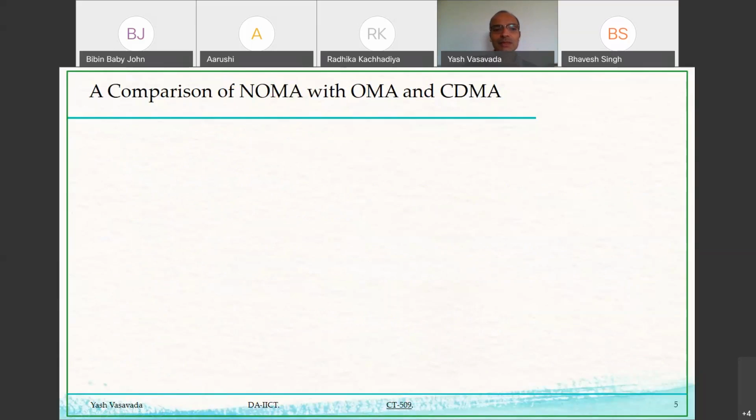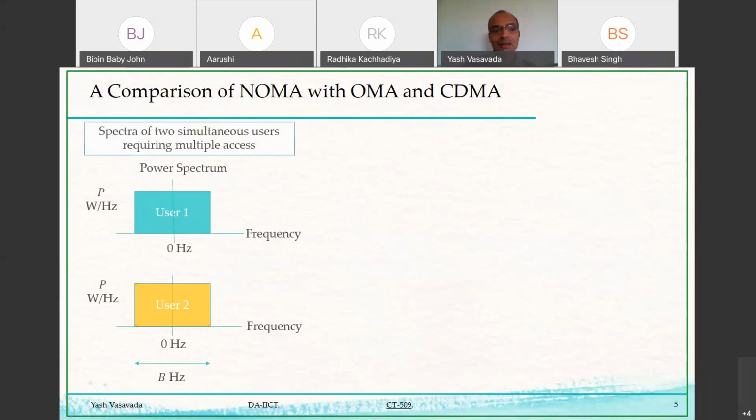Okay, so before we proceed, I thought that let us draw the diagrammatic representations of these three techniques that I just mentioned. And because we are going to consider just two users, here are the spectral diagrams of the user signals.